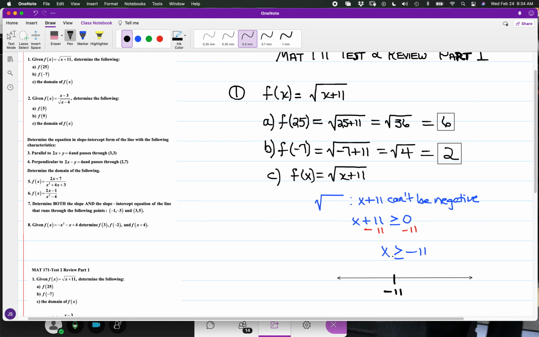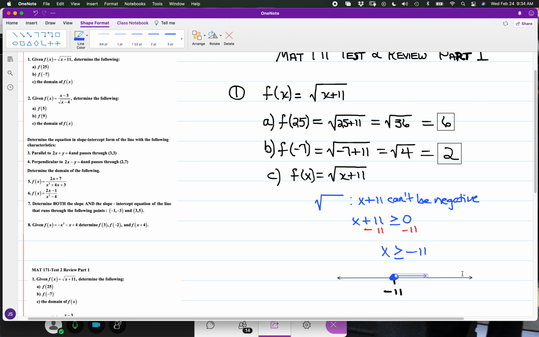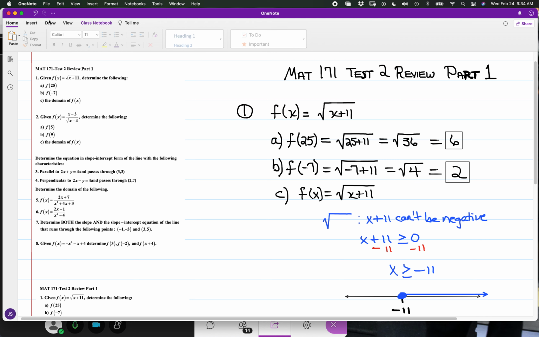We have x equals negative 11 as part of the solution, so we have a solid point. Everything else will be greater than, and so we have a ray going out to the right, running continuously out in the direction of infinity.